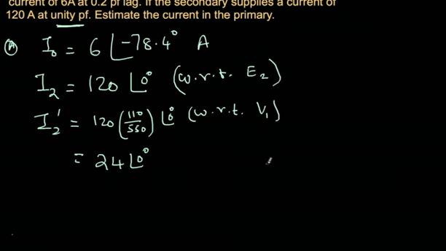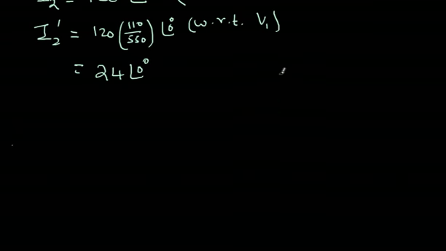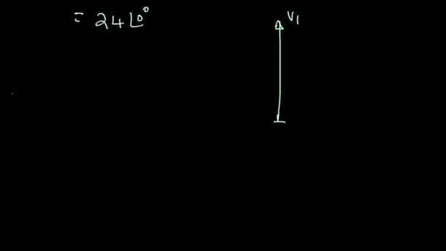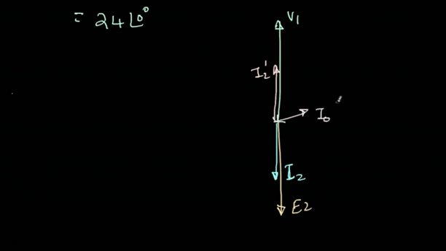So how does the vector diagram look like? This is my V1. This is E2. This is I2. This is I2 dash. And this was I naught, which is 6 angle minus 78.4.